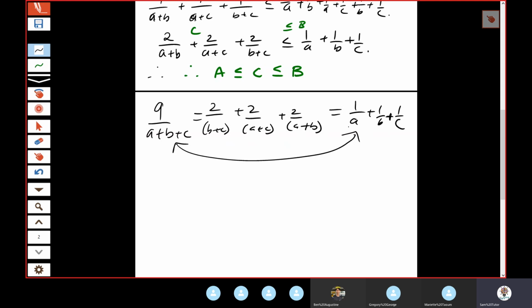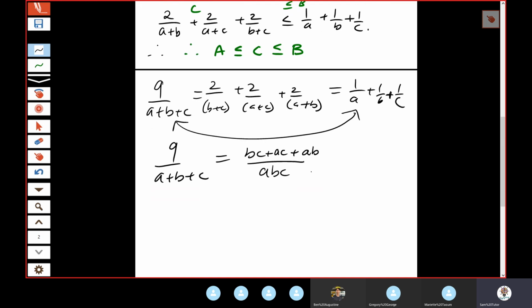I'm going to use these two just because I could forecast a little bit faster and see what's happening. This one here is 9 on A plus B plus C equals this one here. If you remember this from your polynomials, this becomes ABC, and then the top becomes BC plus AC plus AB. So what do we got?